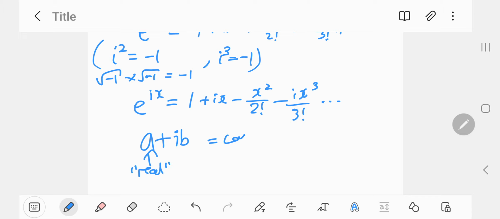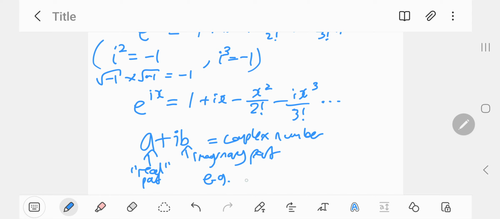This is a complex number because it involves a real part, a, and an imaginary part, b. An example: suppose we've got 3 plus 2i. The real part of this complex number is 3, real because we can do things with a 3. And the imaginary part is 2.